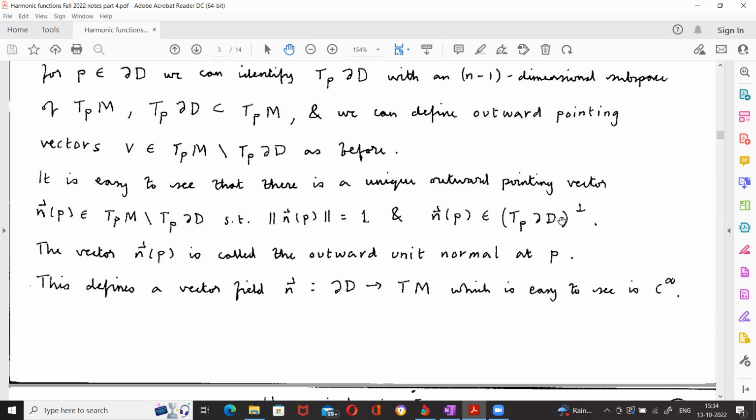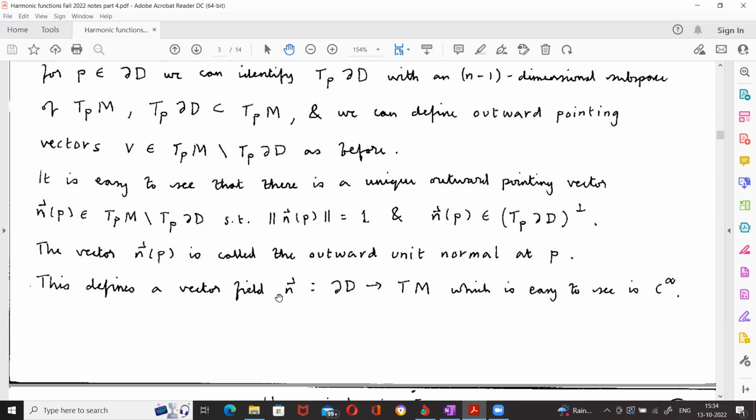So if I restrict to vectors of norm 1 in the orthogonal complement, there are just two vectors. Only one of those will be outward pointing. One will point inwards, one will point outwards. Therefore, there is a unique outward unit normal at each point of the boundary of D.